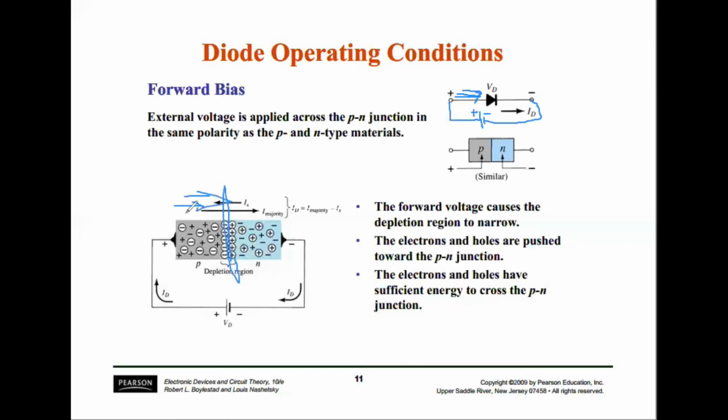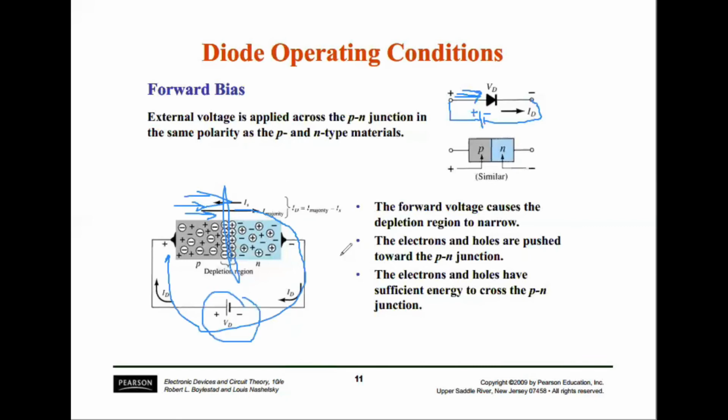At one time all the current will flow in this direction, and it will be conducting like a short circuit. So this is the forward bias condition in which the PN junction will be broken and all the current will be flowing by applying the forward bias mechanism.